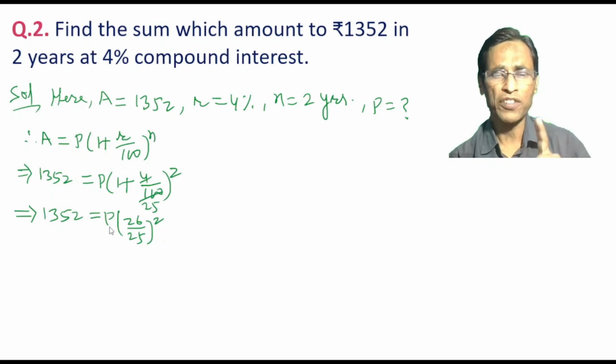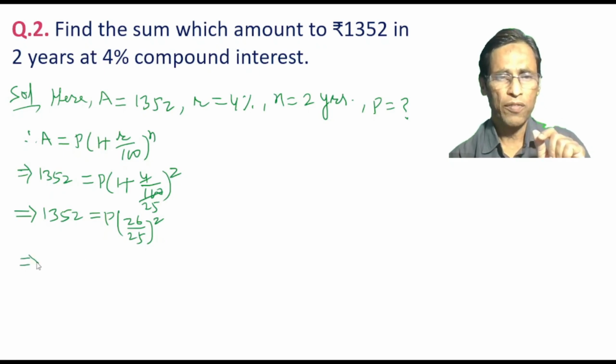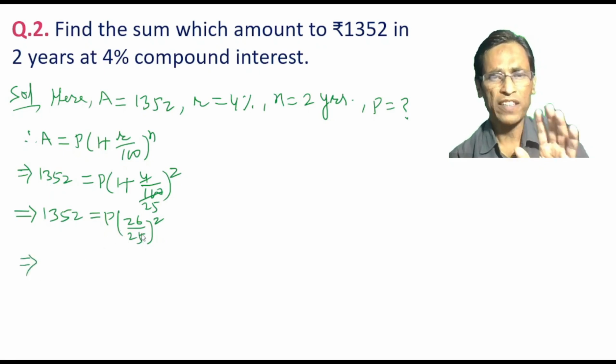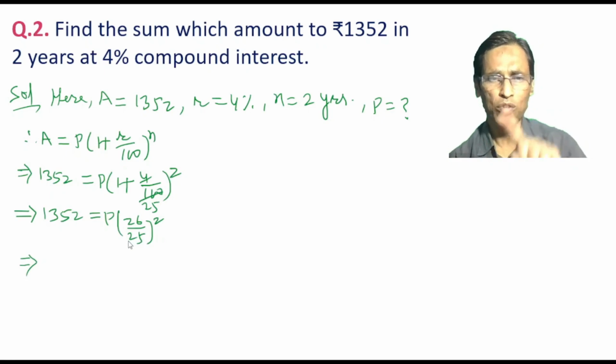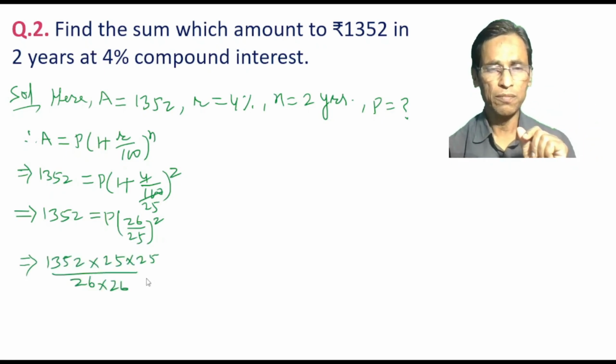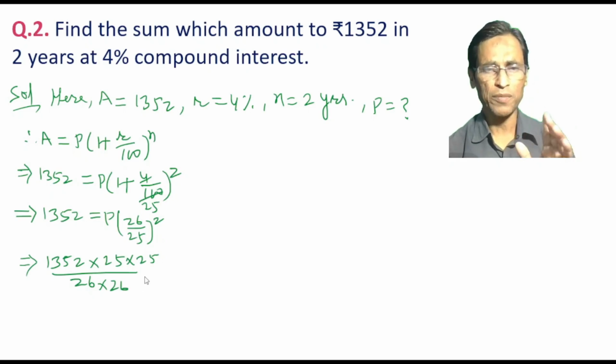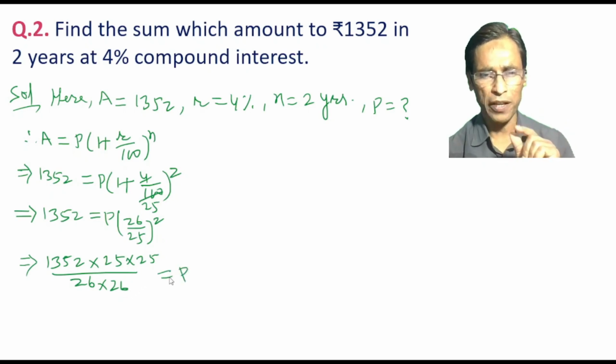Now we have an equation in P, and so it will be solved for P. For this, the factor with P will be brought from right to left. After transposing the terms from right side to left side, we get 1352 into 25 into 25 by 26 into 26, and in right side we have only P. Now we simplify it.